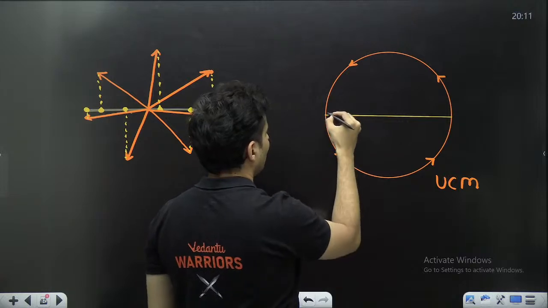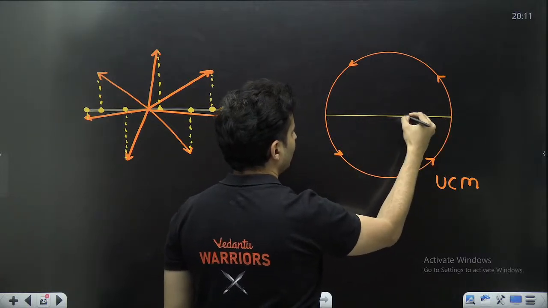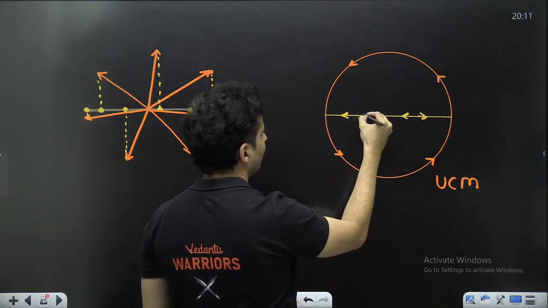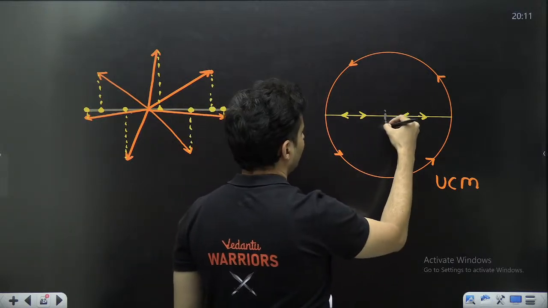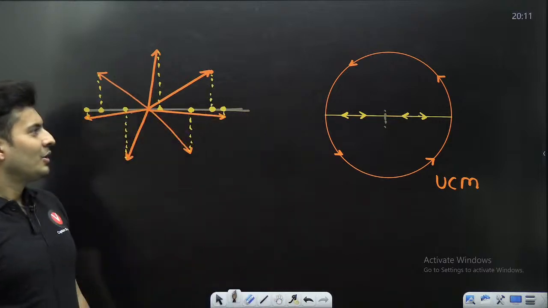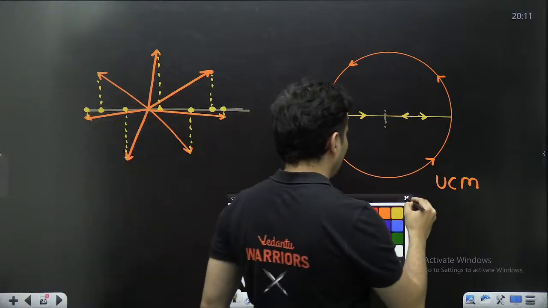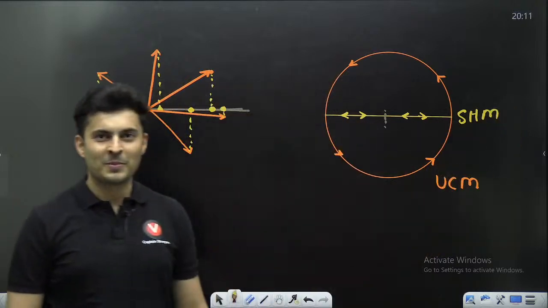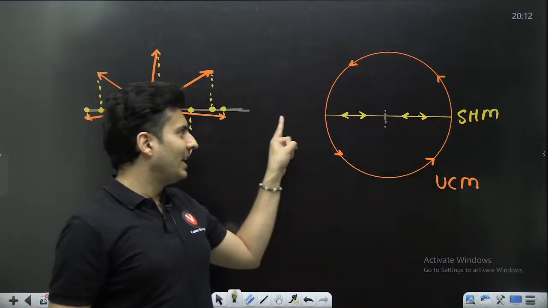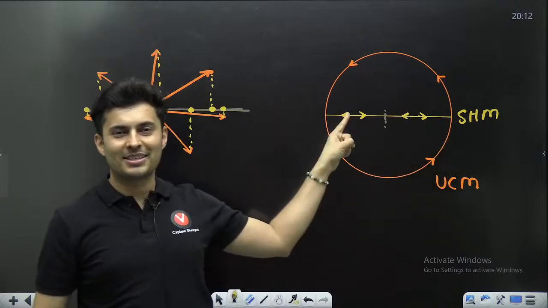Nothing else. It's just going here, coming back, going here and coming back. No other job. This is your origin. So isn't that part nothing but a simple harmonic motion, an oscillatory motion, my dear warriors?